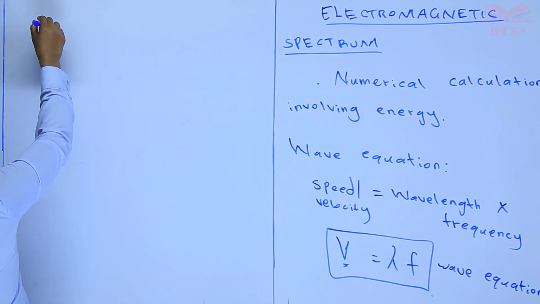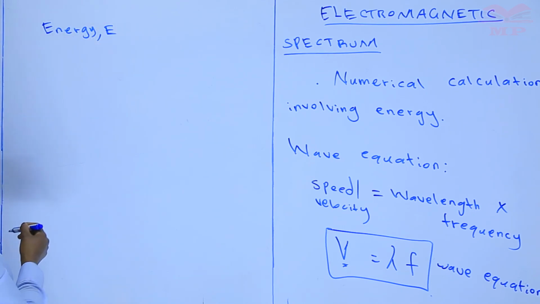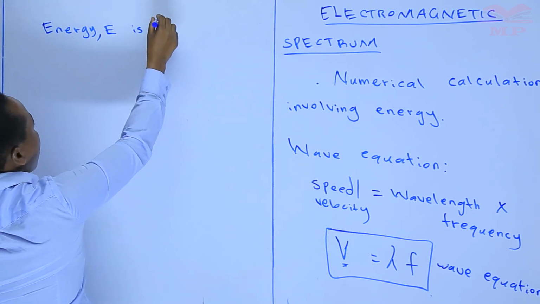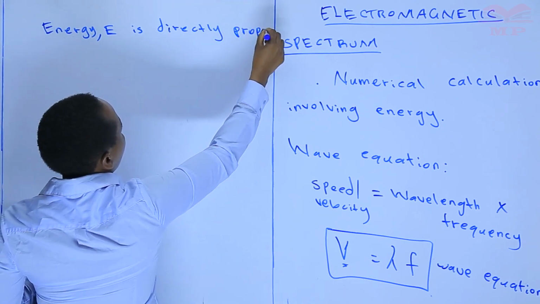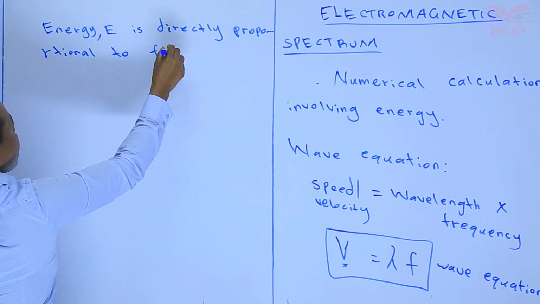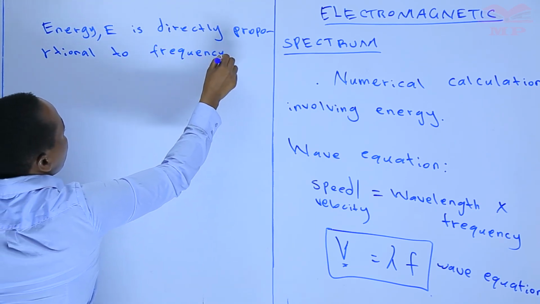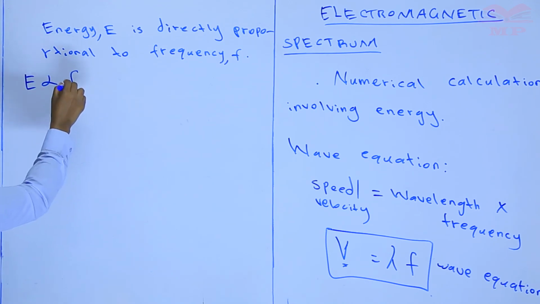So we can say that energy, represented by a capital letter E, is directly proportional to frequency, represented using a small letter f. We can write it mathematically: E is directly proportional to f.